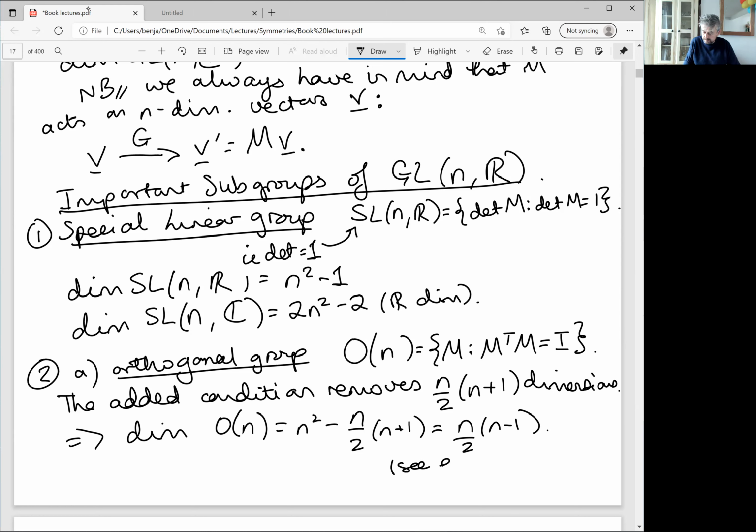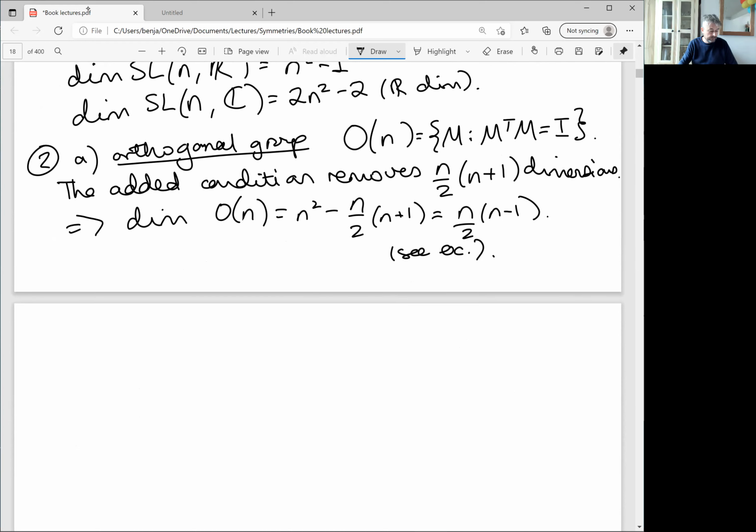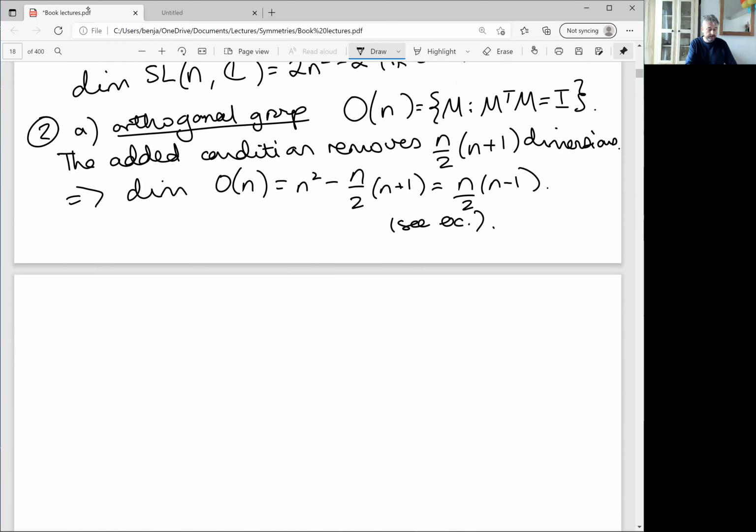See exercise. So here, again, these matrices are going to act on vectors, and one of the important things about the orthogonal group is that it preserves the scalar product between two vectors.